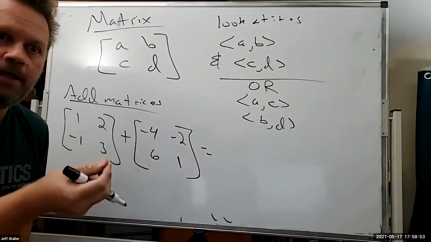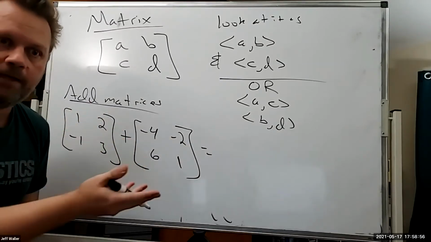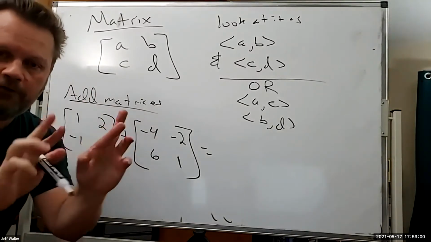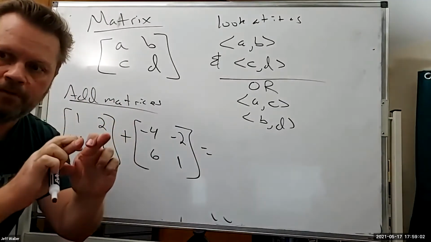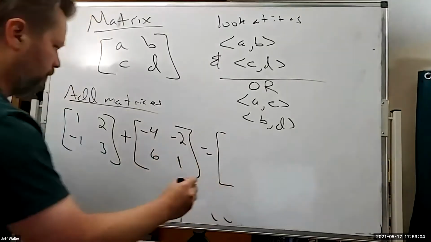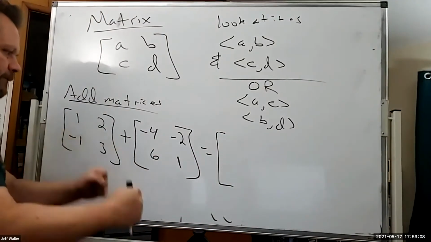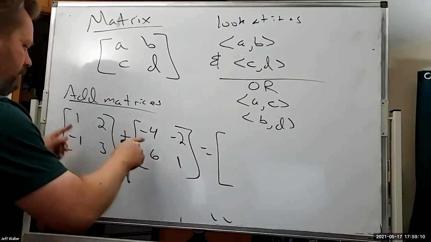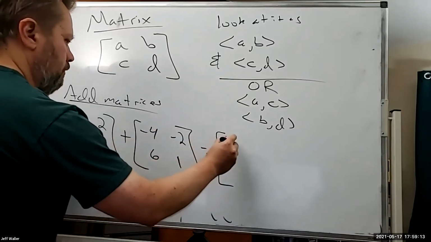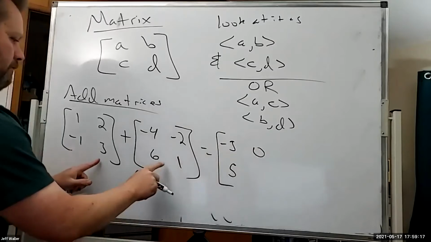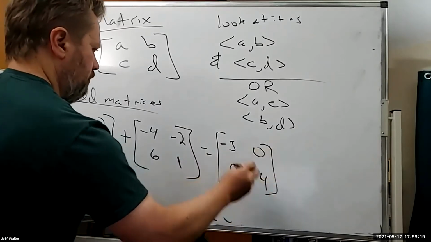Because I can look at it as a collection of vectors, and how do I add vectors? Component to component. Everybody with me so far? So what is this, of course? -3, 0, 5, 4.